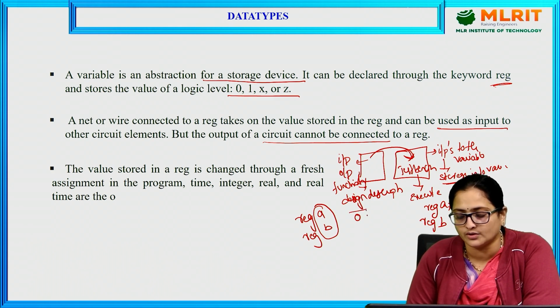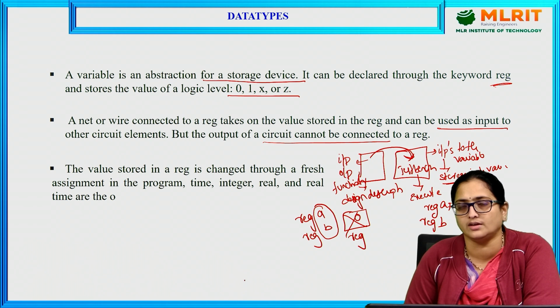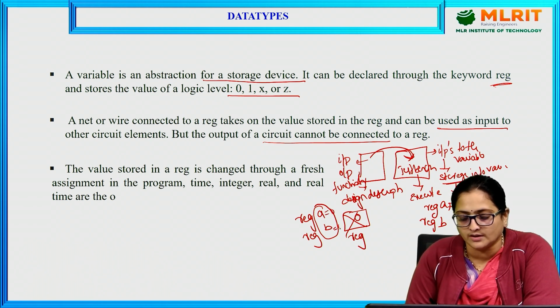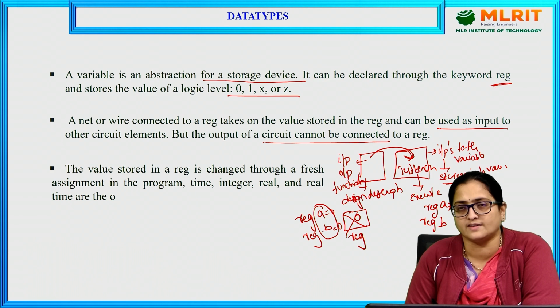And here for your output, you should not declare it with reg. The values which are given as inputs to your design description can be declared with the keyword reg, but not the outputs of your design description.